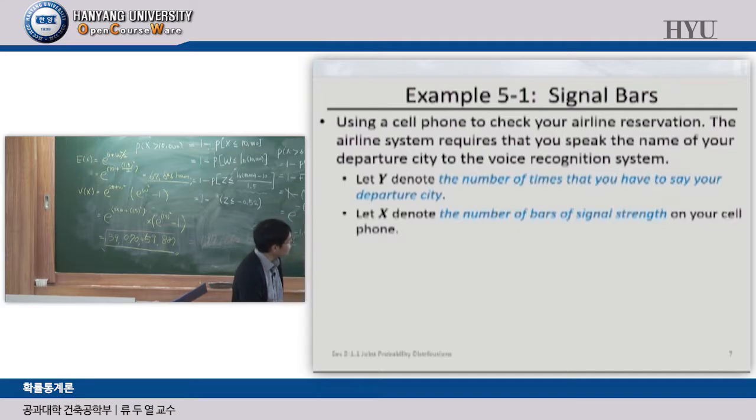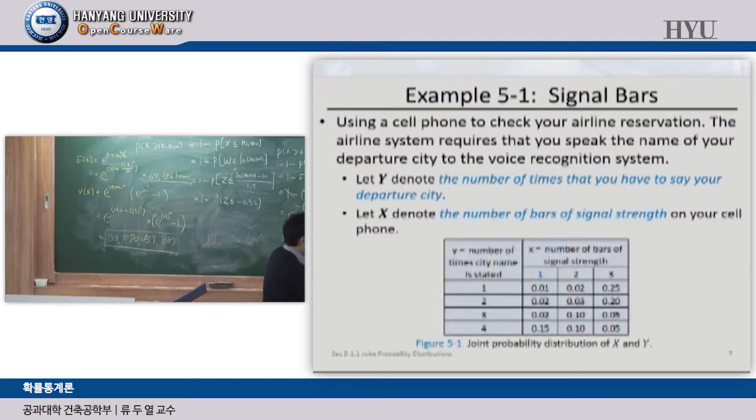In this case, we have 2 random variables, x and y, and we have to consider them at the same time, right? Because the number of signal bars influences the number of times that we have to say our departure city to the voice recognition system, okay?